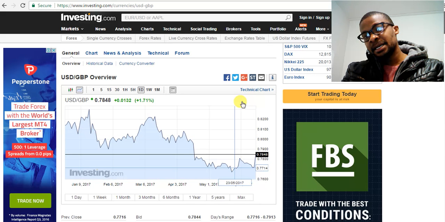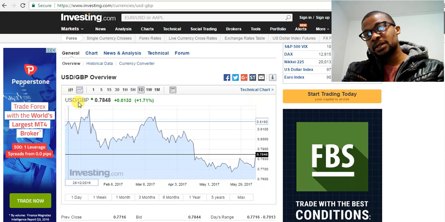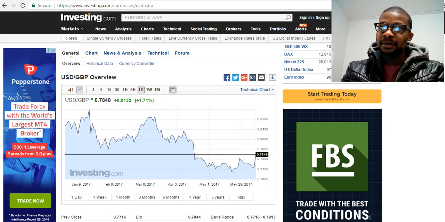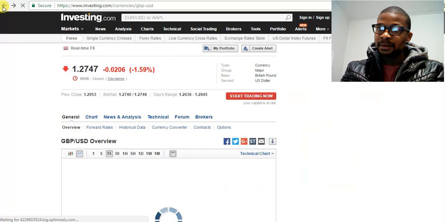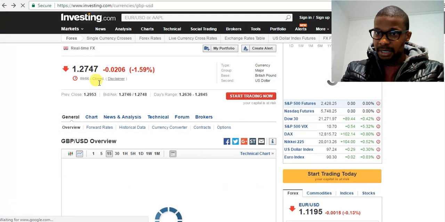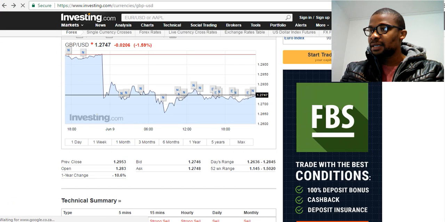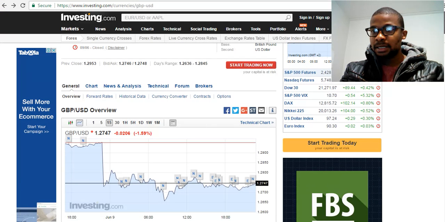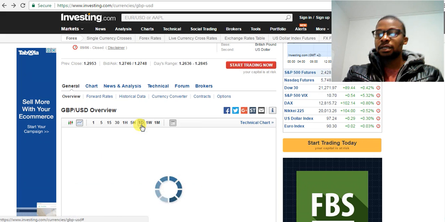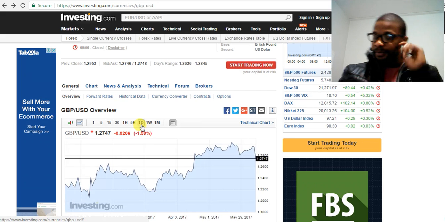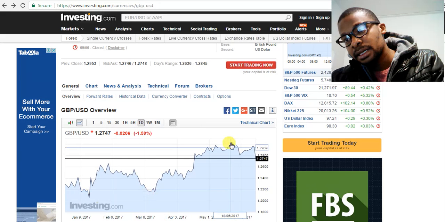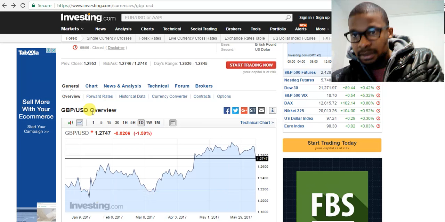So that means now we're measuring the US dollar against the British pound. And when you go back to the other one, as you can see, the price changed. We are now measuring the British pound. So it actually tells you that, let's go to the 1 day chart, right? It tells you that the pound was gaining strength, right? So I believe that you get that.